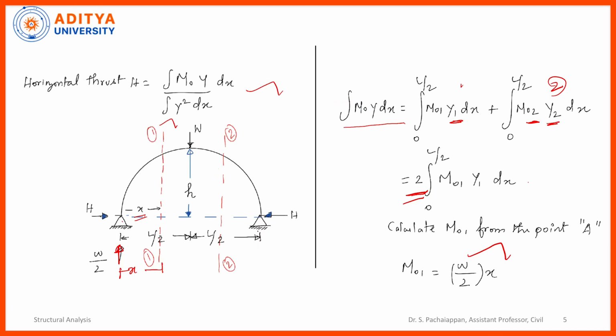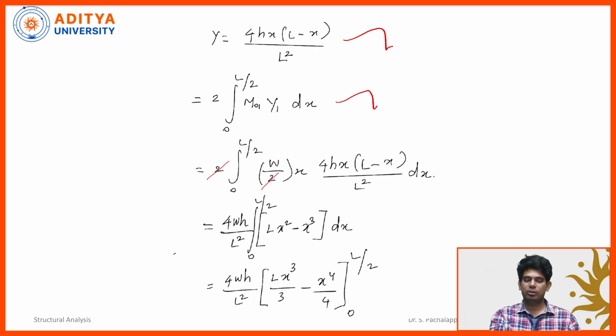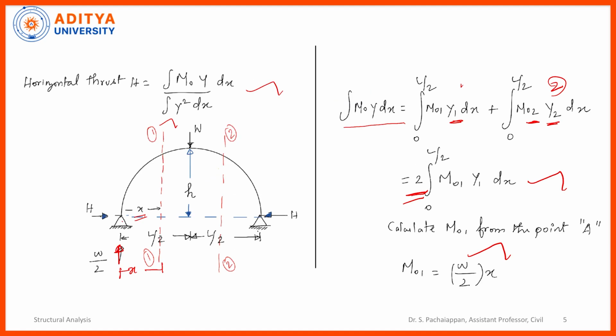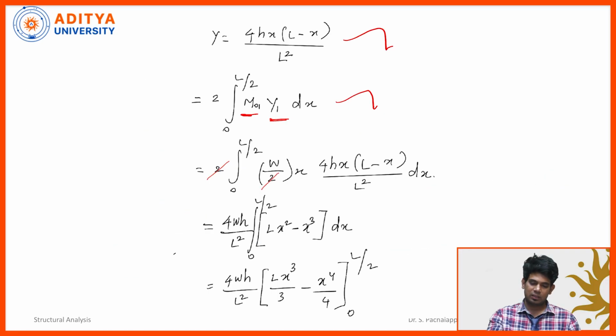What is that? 2 times the integral from 0 to L by 2 of M naught y1 dx. Now we are going to substitute the terms of M naught and y1. M naught you already know is W by 2 multiplied by x, and y is 4hx into L minus x by L square.